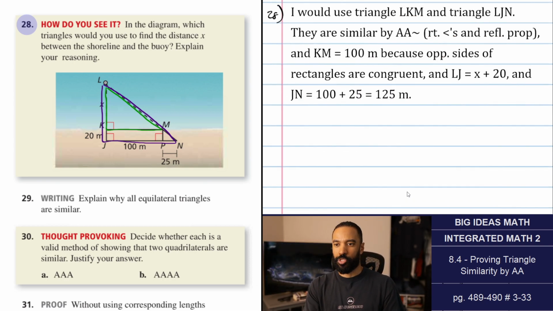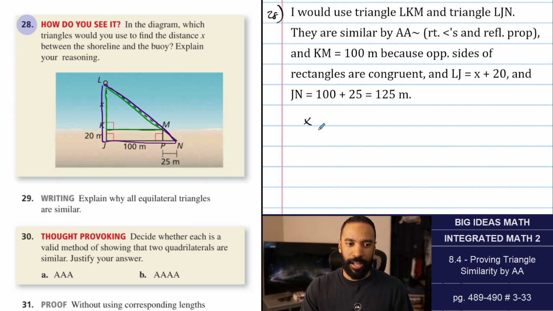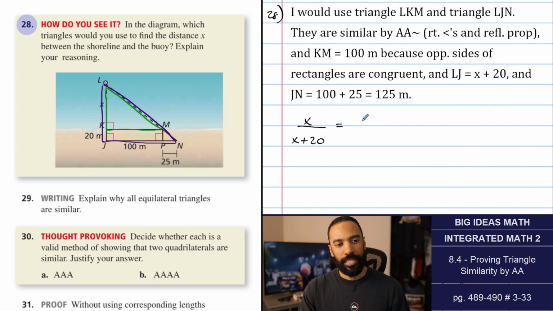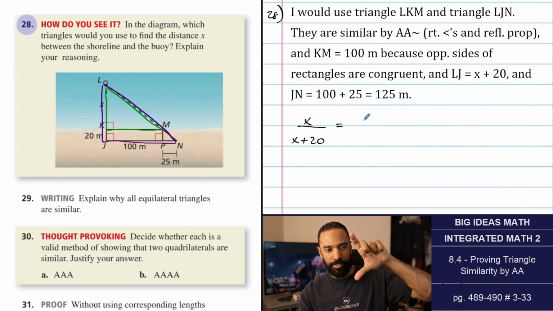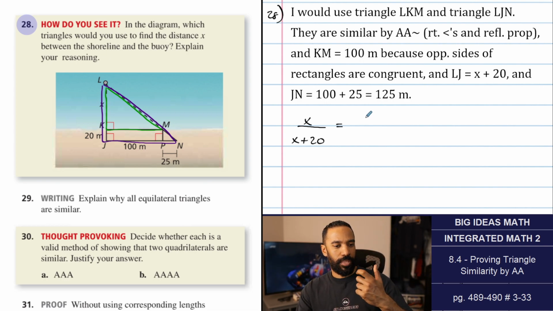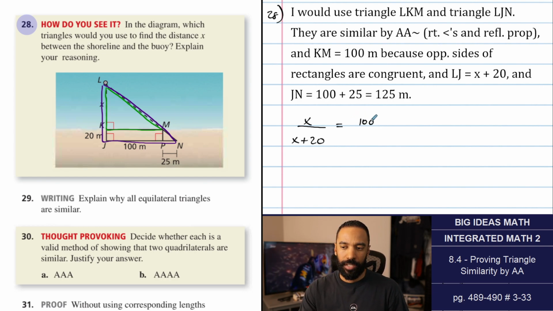So we can set it up this way. We can say x, that's LK, over x plus 20, that is LJ, equals, that's the left side of the small to the left side of the big. Now let's go the bottom side of the small, KM, 100, over the bottom side of the big, 125.